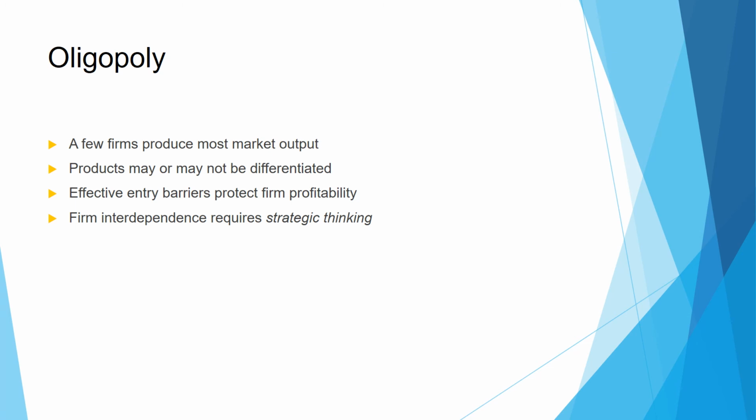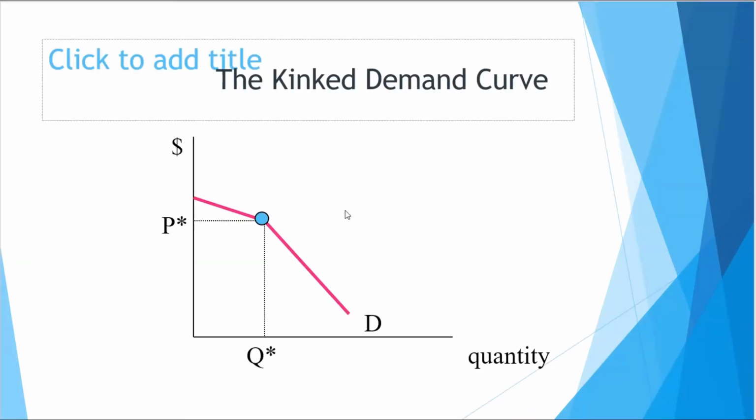So let's take a look at what the demand curve for oligopoly looks like. It's called the kinked demand curve. It has a kink in it. In our gas station example, let's say this is the demand curve of one of the gas stations. Each gas station sells, let's say, 1,000 gallons of gas, and the price they sell it at is $4.